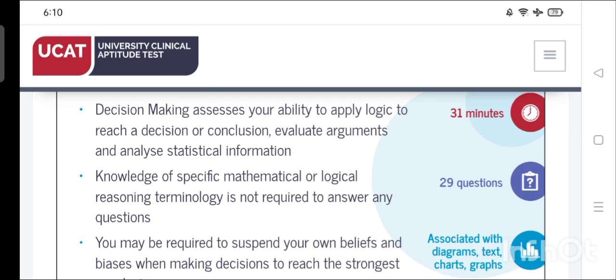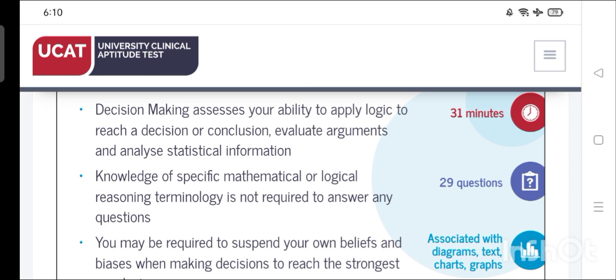In that they will assess your ability, how and which logic you will apply to deduce your conclusion from the arguments, from the information that will be presented to you. How you're going to reach the best suitable result. This ability of yours will be assessed in that subtest portion.